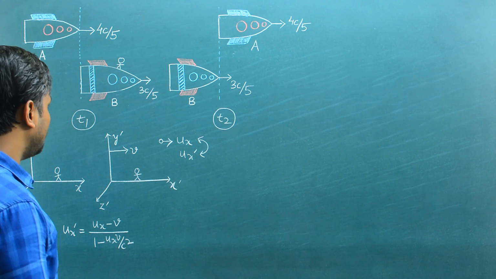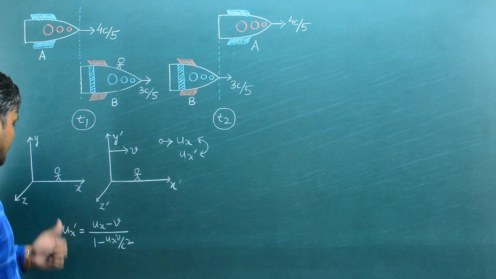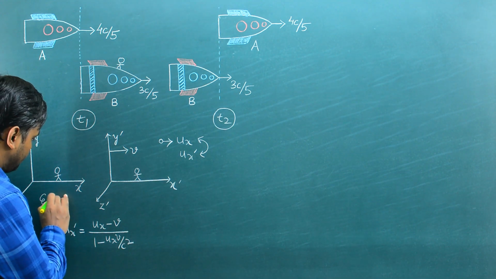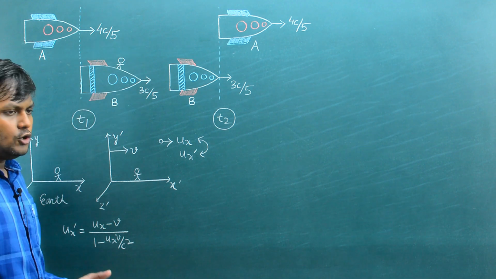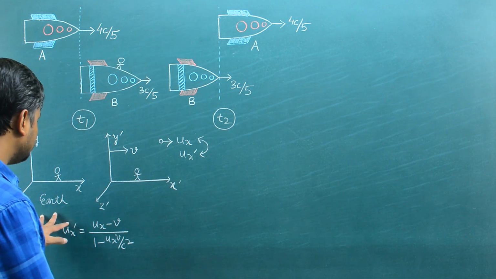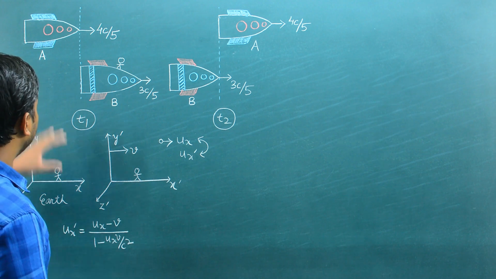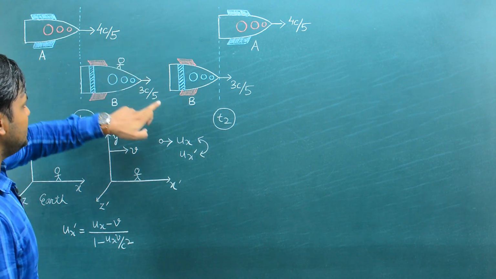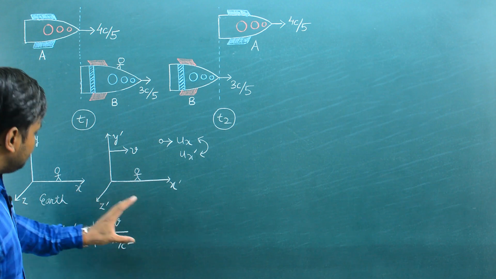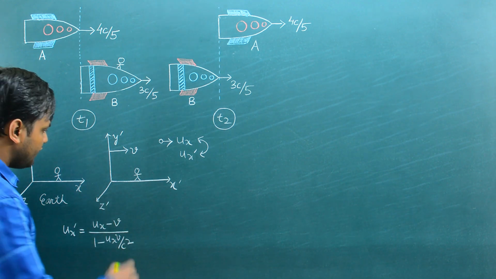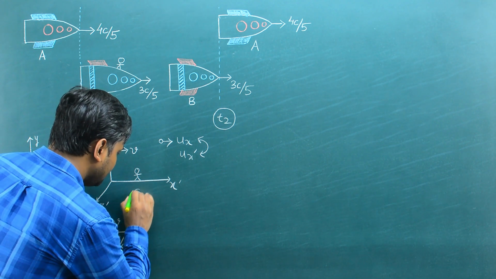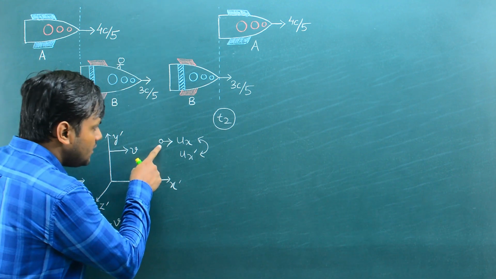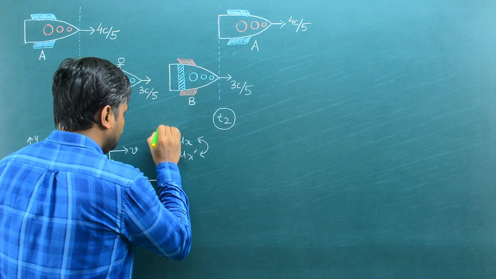Let's suppose the S frame of reference is the Earth, ground or lab frame, and with respect to Earth, both spaceships A and B have velocities as given here. Let's suppose the S dash frame of reference is spaceship B, and this object is spaceship A.